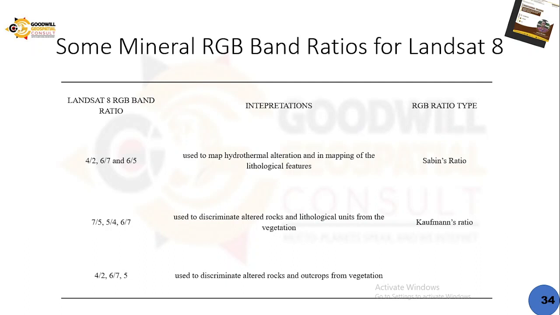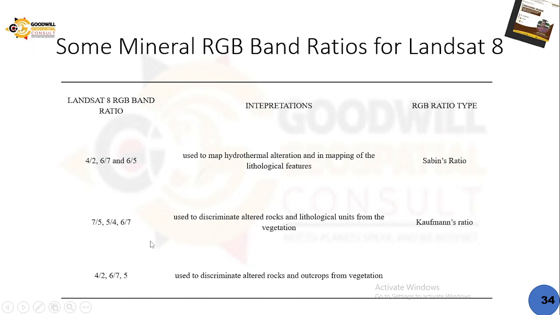This is used to generate hydrothermal alteration maps of lithological features, and this approach is what we call the Sabins ratio. Then there is Kaufmann's ratio, to discriminate altered rocks and lithologies from vegetation.